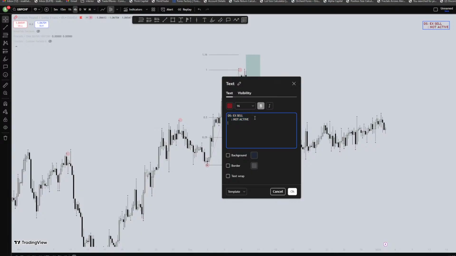So I can have unsafe purchase. Trade negative 10. Okay.